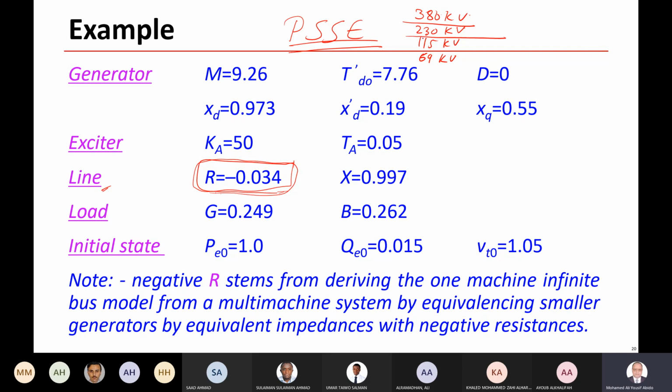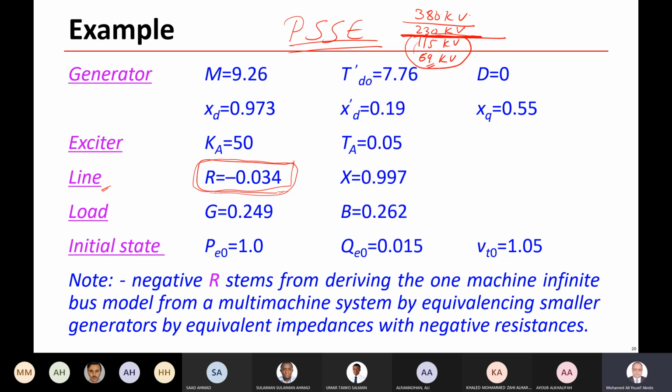What about the plants connected to 115 and 69?